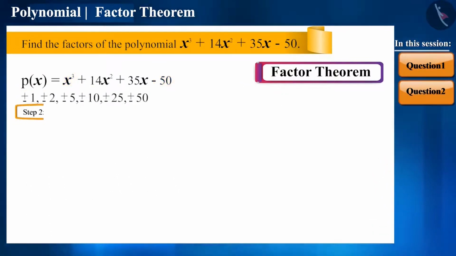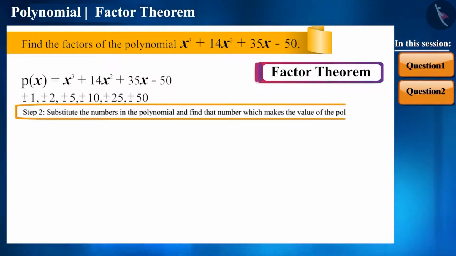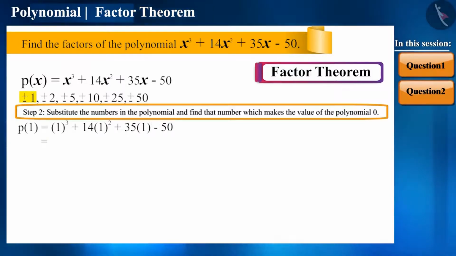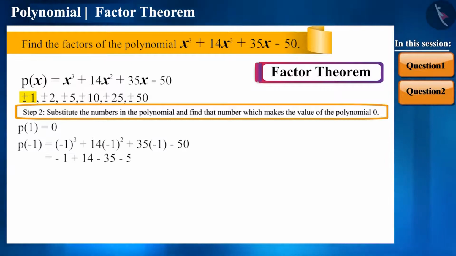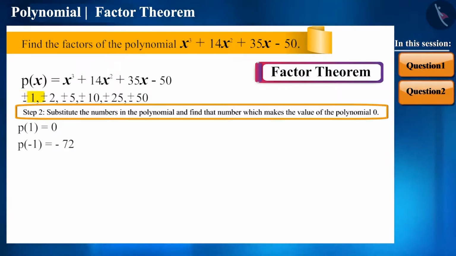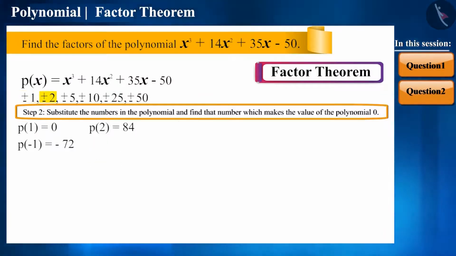And now we come to the second step. One by one, we will substitute these numbers along with their signs in the polynomial and observe which number can make the value of the polynomial 0. So p of 1 becomes 0. P of minus 1 becomes minus 72. P of 2 becomes 84.